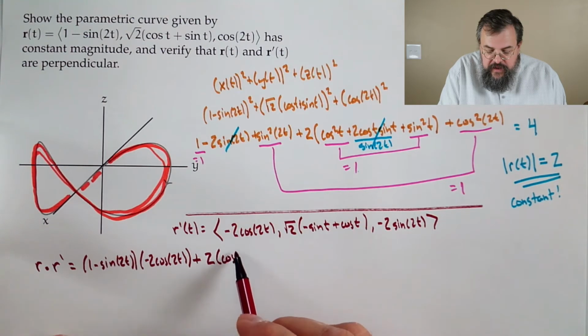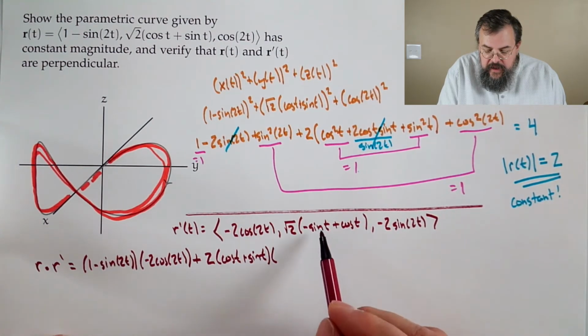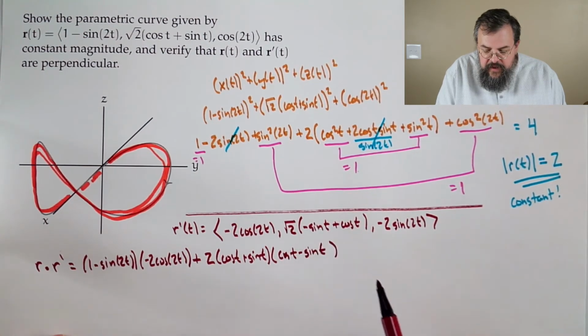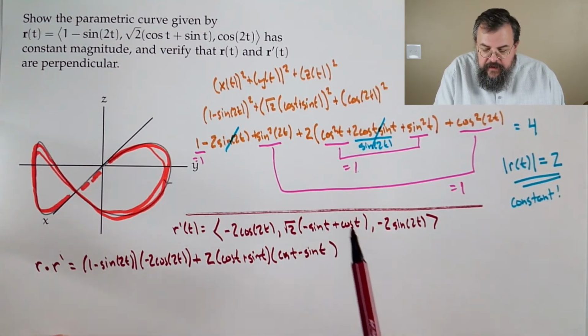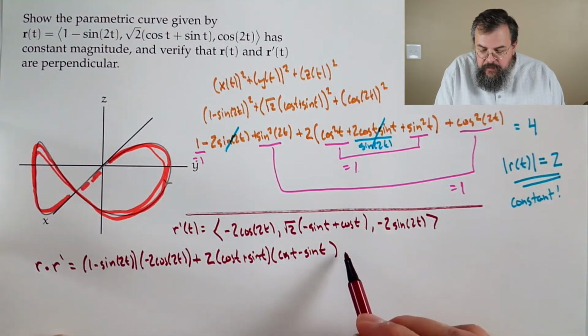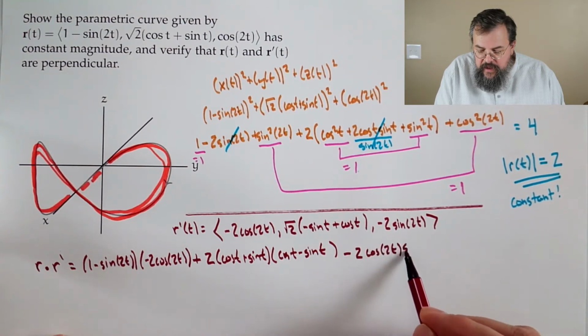We have cosine t plus sine t, and here I'm going to write it as cosine t minus sine t, just that seems easier to work with. And then our last one, we have a cosine 2t and a minus 2 sine 2t, so that's minus 2 cosine 2t sine 2t.